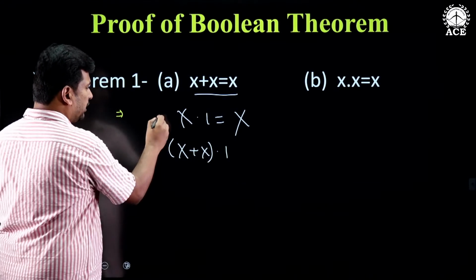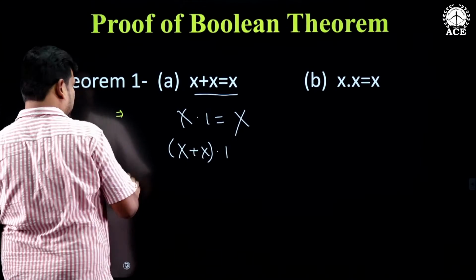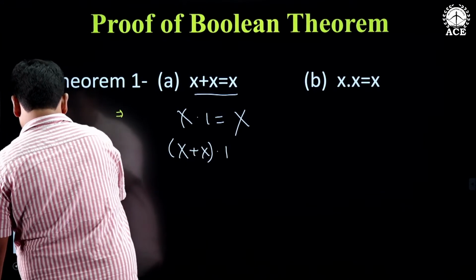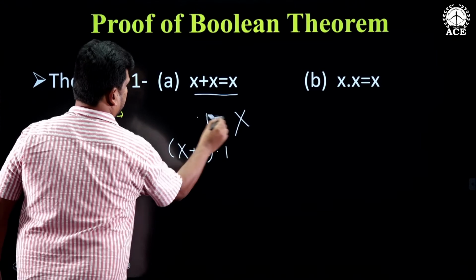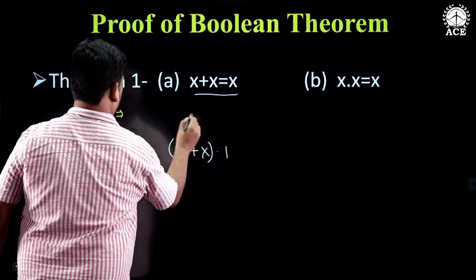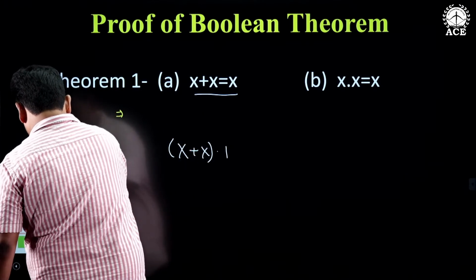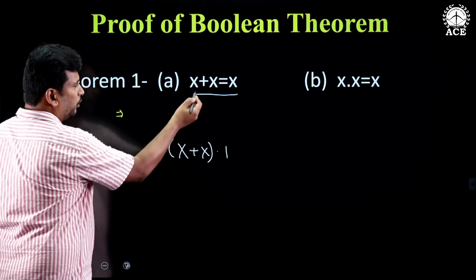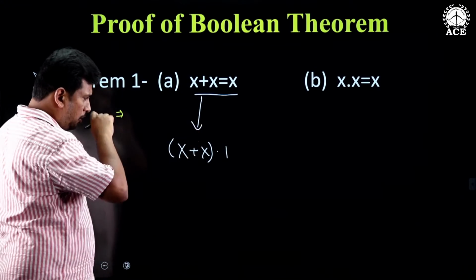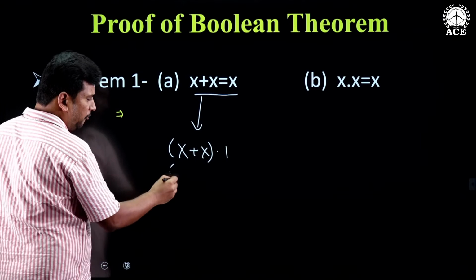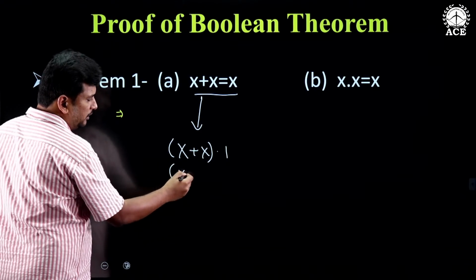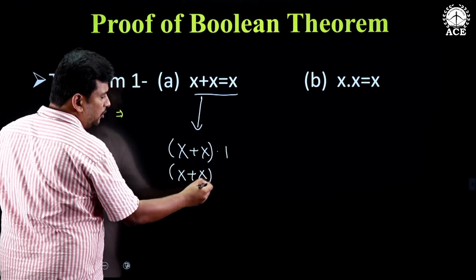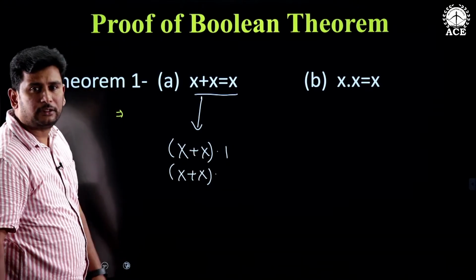So we started with our LHS. And we have one very important theorem that a variable OR with its complement is equal to 1.